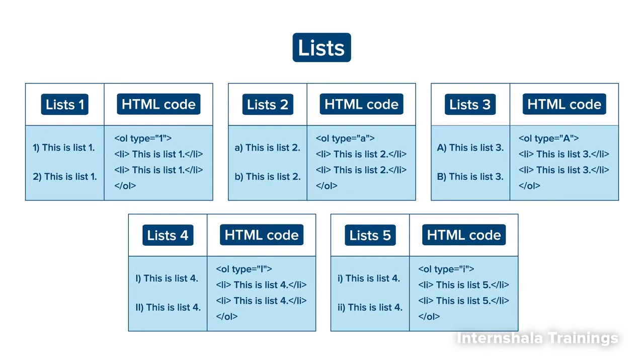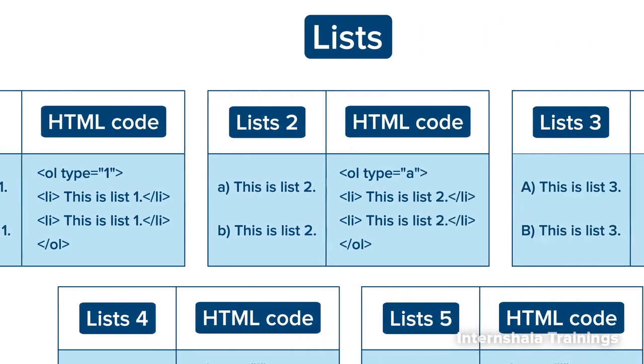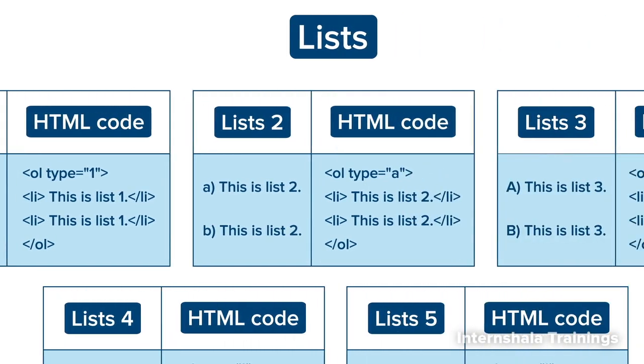Let us see the corresponding HTML code of list 1. You can see we have defined the marker value as 1 inside the opening ordered list tag. So in order to create a numeric list, we use marker value as 1. Let's move to list 2. Here, you can see in the HTML code, we have defined the marker value as small a to create a list alphabetically using small letters.